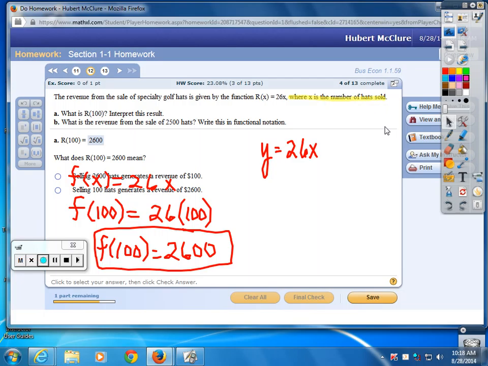Then you're probably going to have to get your calculators out, unless you're Rain Man. Unless you know what 26 quarters are.